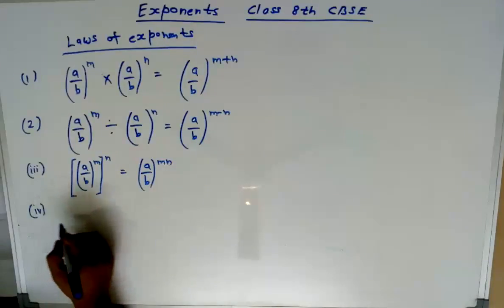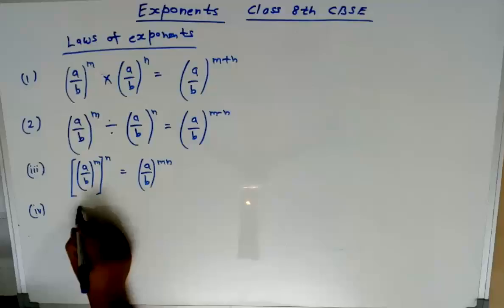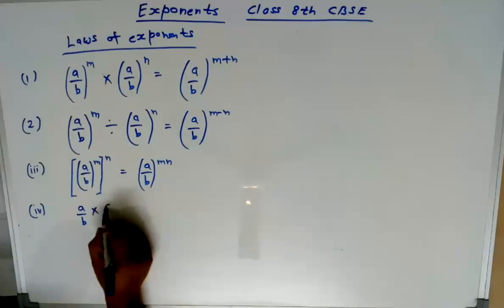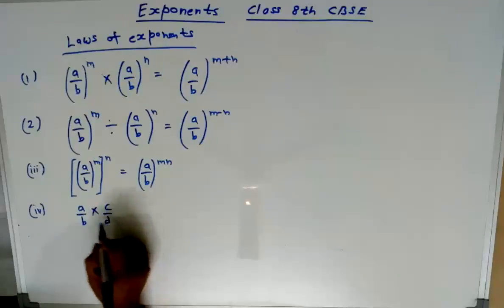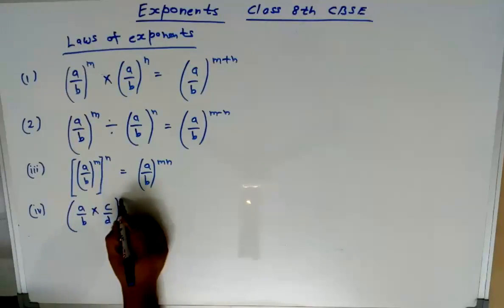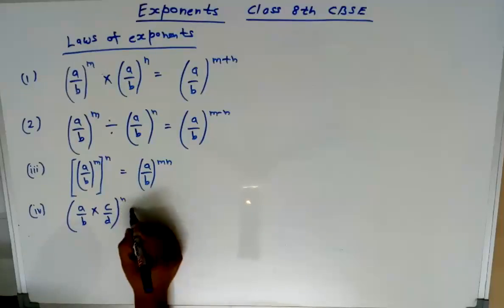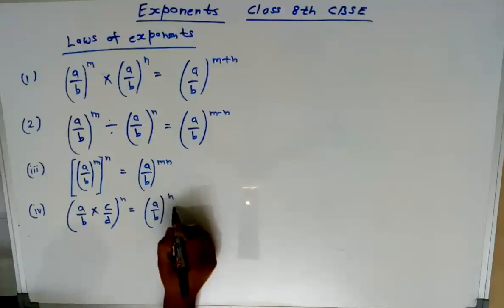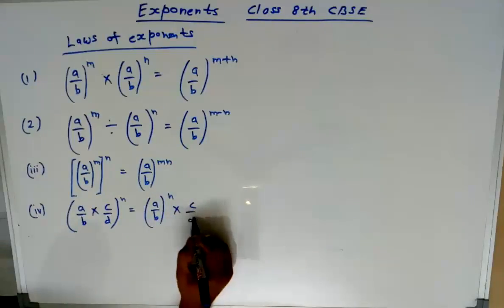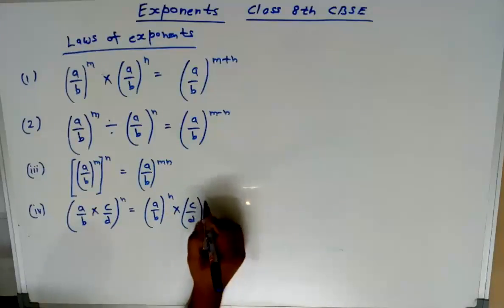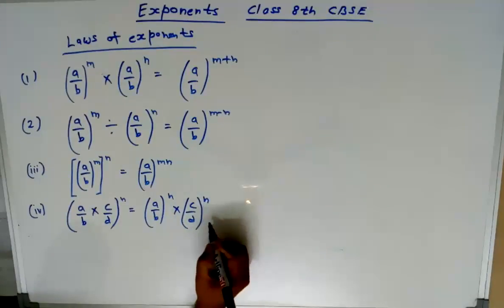Number fourth property, if a/b is a rational number and it is multiplied by another rational number c/d, and both the rational numbers have a combined power of n, then we can write it as (a/b)^n into (c/d)^n.